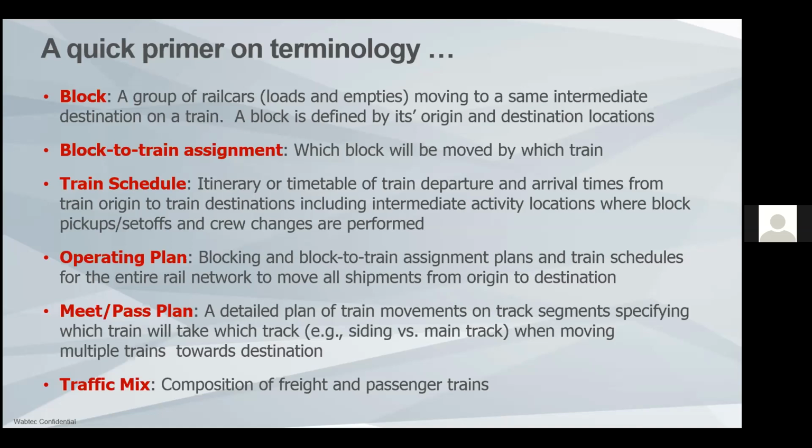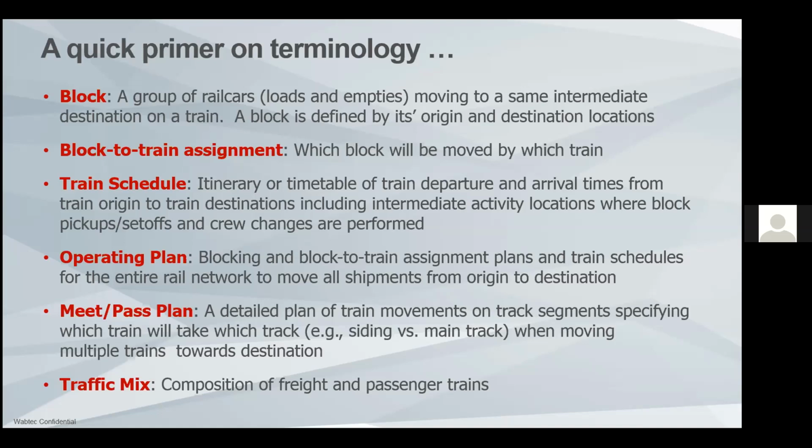And meet pass plan is a detailed plan of train movements on track segments, specifying which train will be taking which track. In case of single track with siding, it would say which train will take the siding and which train will take the main track while the train is moving towards this destination.